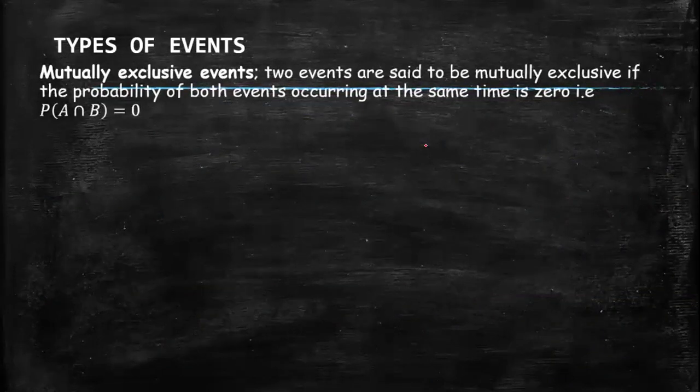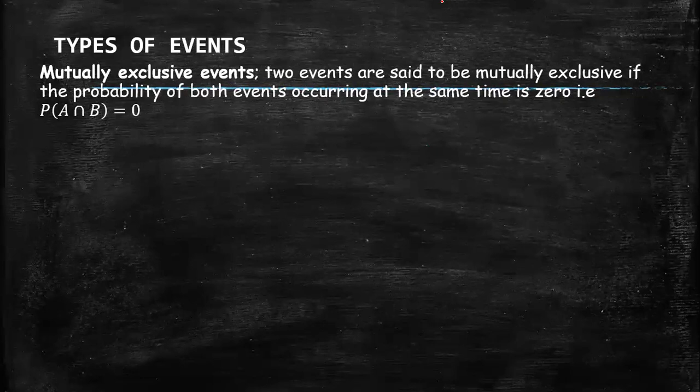Okay, then we have types of events. So before we proceed, we can look at types of events. Who can read for us our first paragraph? By show of hand, or you can just unmute and read.